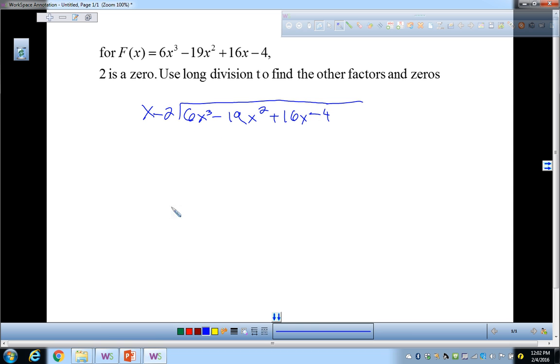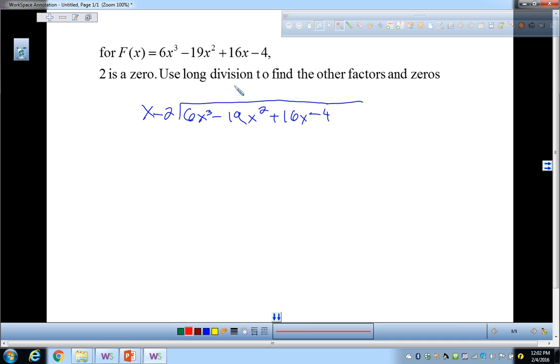So this is the way you do it. Anyone know how to do this? Oh, good. Good. I'll teach you something. So what you want to do is you want to turn this x into a 6x cubed. What do I need to multiply x by to turn it into a 6x cubed? 6x squared. So you want to multiply this by 6x squared, and you line up your like degrees, okay?